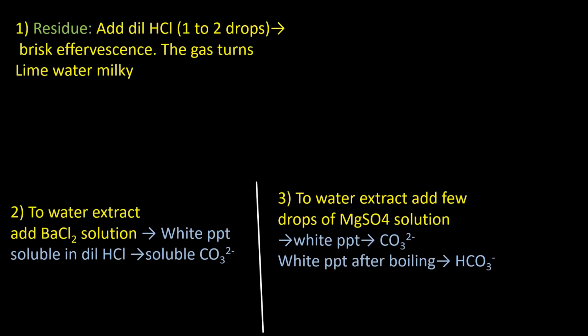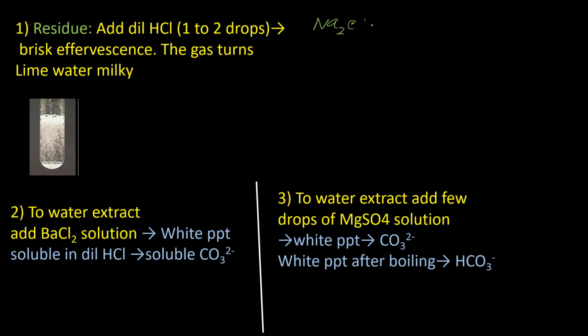Now coming to the reaction and the chemistry behind this reaction. What we have seen, that to the residue you have to add hydrochloric acid, and you get brisk effervescence. If you get the brisk effervescence, what is the reaction? Say you have the carbonate salt in the residue, that is insoluble carbonate.